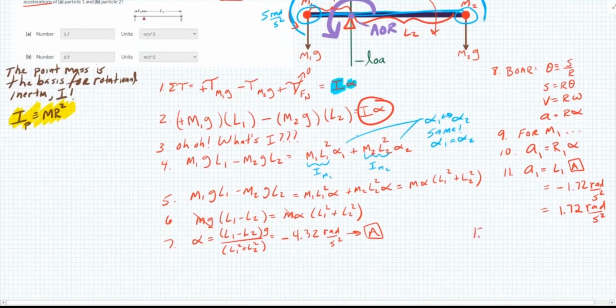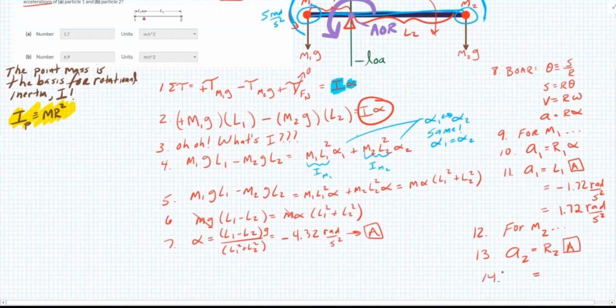And then a quick repeat for M2. They have the same angular acceleration, but definitely a different linear acceleration. That's a great thing to stress. For M2, the acceleration of M2 is M2's arc radius times that same angular acceleration value.